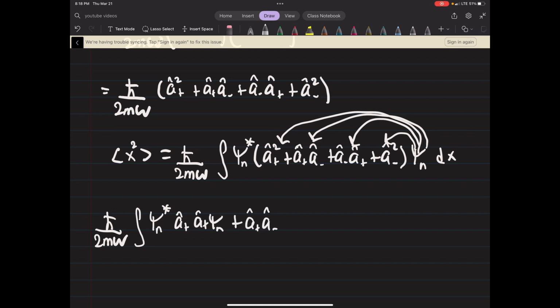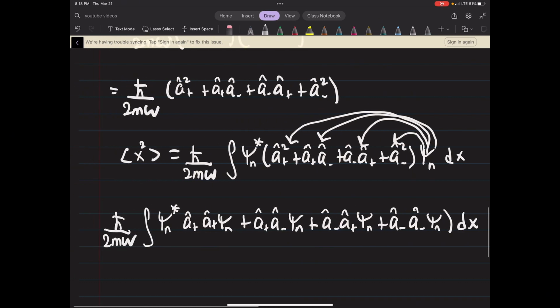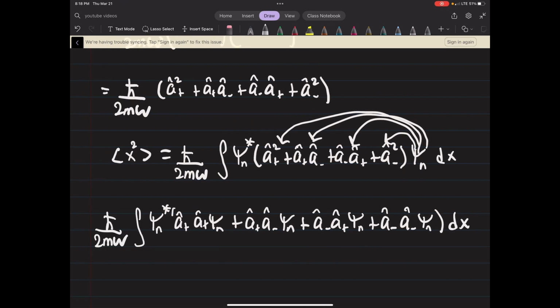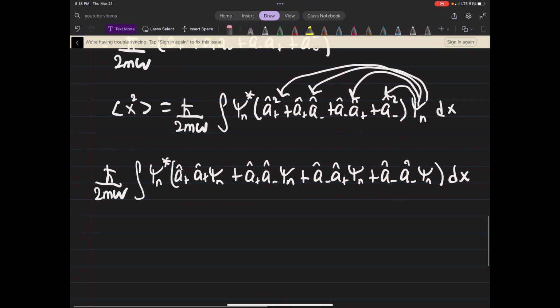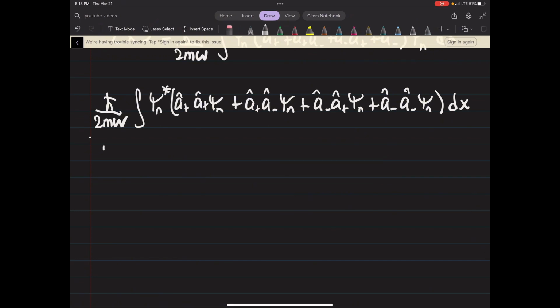I'll just write all of this out because if you've watched any of my videos, I make a lot of mistakes because I try to do it as quick as possible, but we're not doing that right now. Okay, so now let's have these operators act on our states.